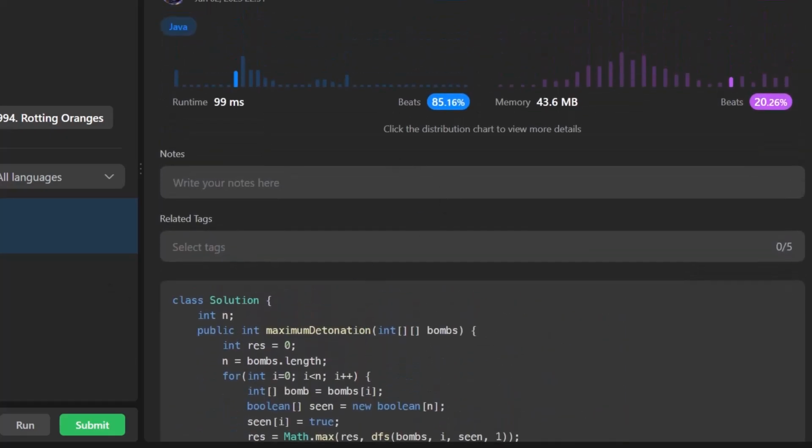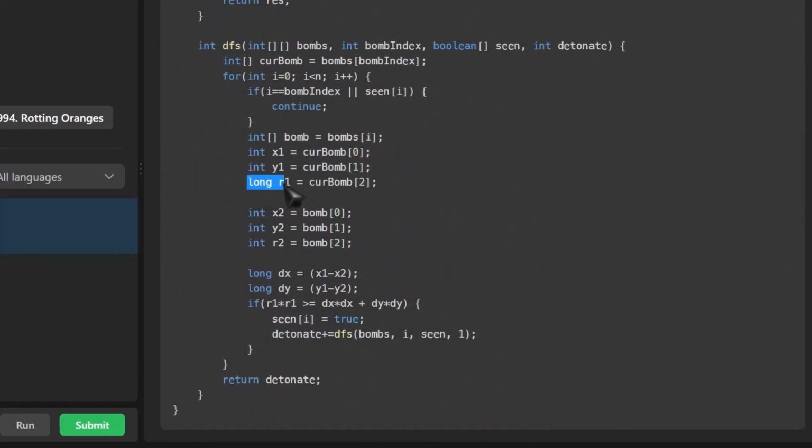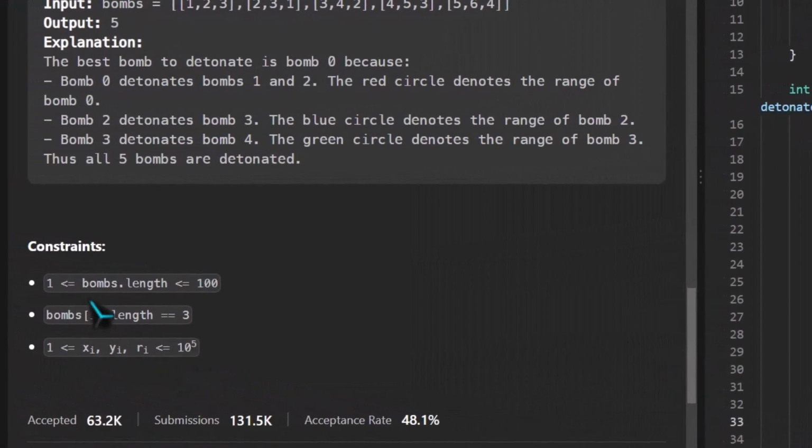Initially what I did wrong was not calculating this as a long value. You can see from the problem description that the bomb's length is at most 100, but the thing to consider is that the coordinates and the radius values can be up to 10 to the power 5.